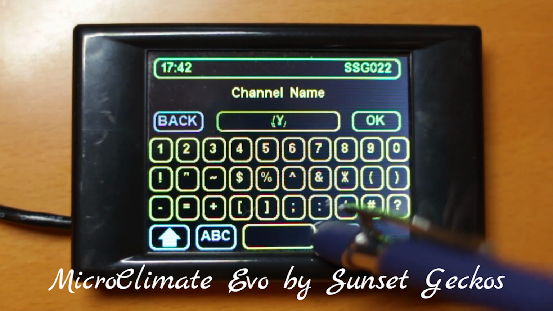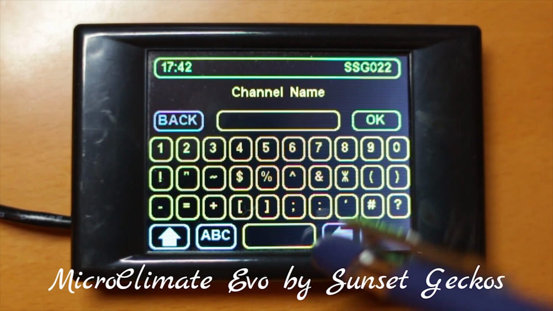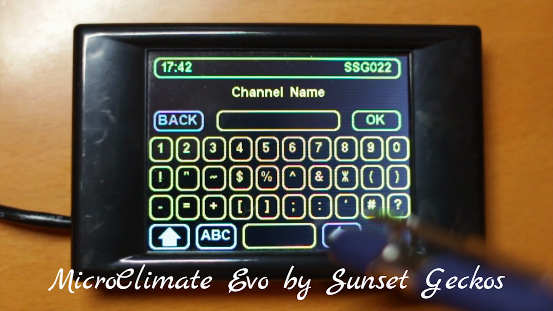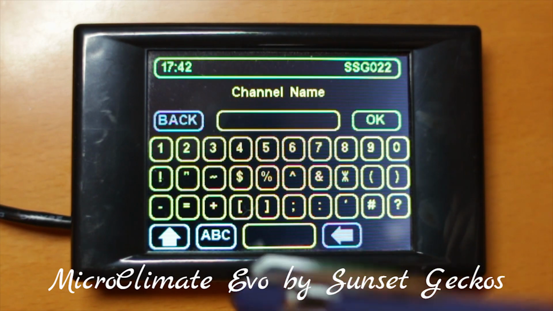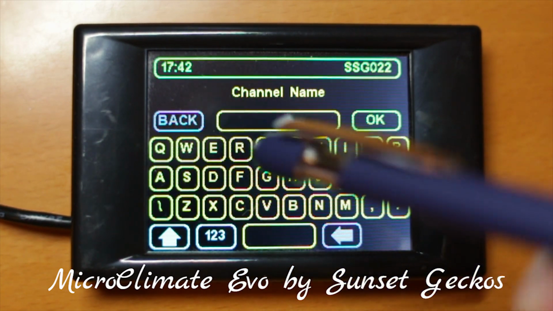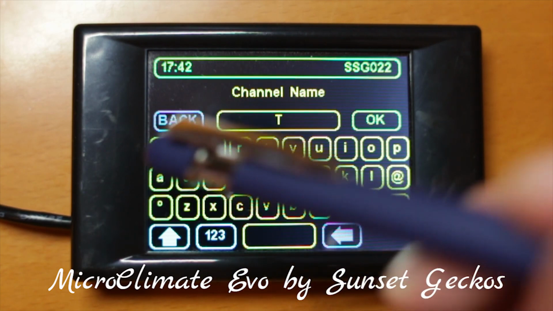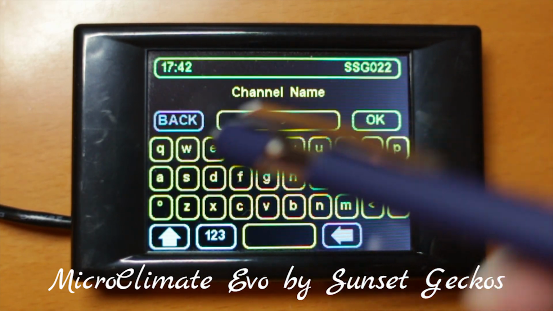Now you can also rename the channel and say what it steers, what tank or what tanks. We even have multiples on one channel, so that would be terrarium, so the tanks, rather than the sunlight, as I'll show you in a second for the blue channel.